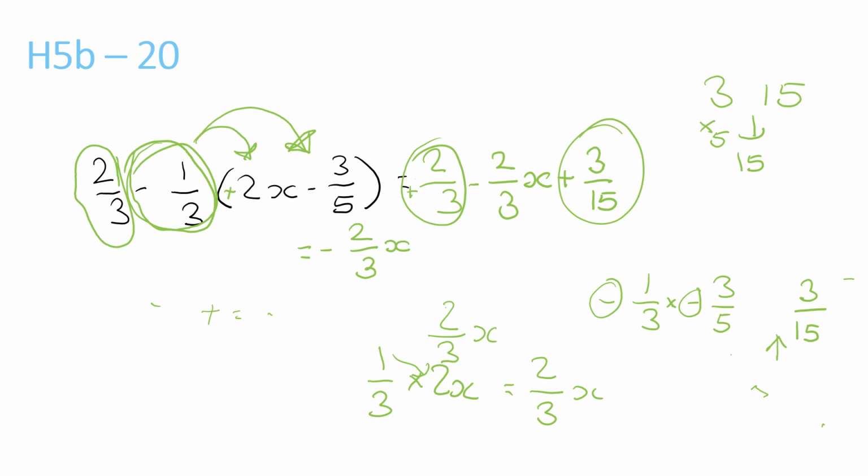So for this part, you're going to have to times the 3 here by 5, because 3 times 5 is 15. So times 2 by 5 as well. So 2 times 5 is 10 over 15.